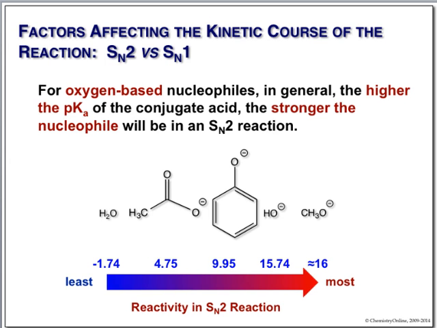I've correlated this with pKa. The pKa of acetic acid is about 4.75. Phenol is a stronger base. It's almost 10. Hydroxide and water, minus 174 and about 16. Alkoxides tend to be around 16 or so. So bottom line, the stronger the base, the more likely it will be SN2.